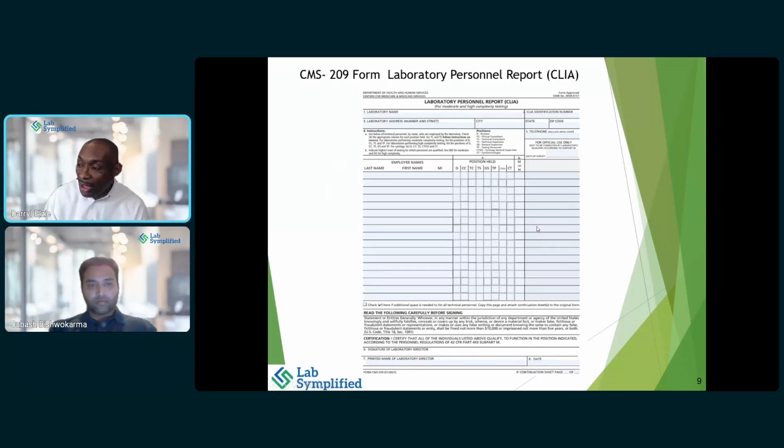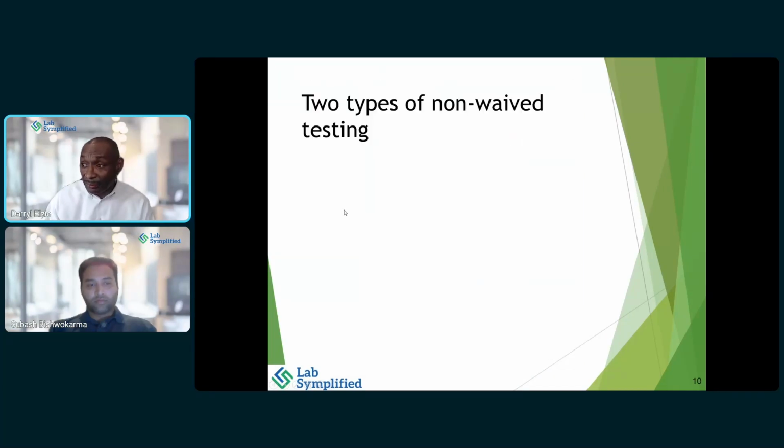All of this is about non-waived testing, and we're going to refer to these as we move on. If you've ever been inspected by any of the federal authorities, CMS or FDA, they may ask you to fill this out, and this is what they do the inspection from. They look at who's doing the assessment and whether they have the educational and experience requirements. This is a very important form that you should keep up to date as much as possible.